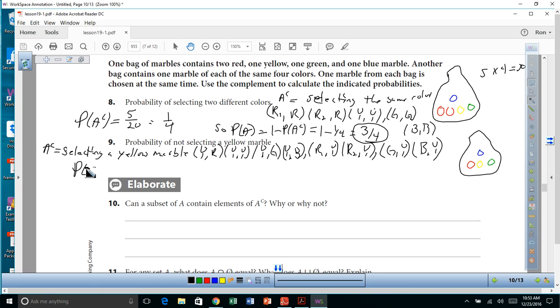So the probability of A complement is 8 over 20, which is 4/10, 2/5. Okay, 2/5. So the probability of A would be 1 minus the probability of A complement. 1 minus 2/5 is 3/5.